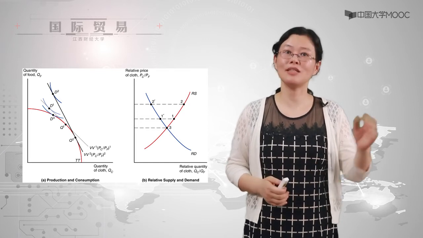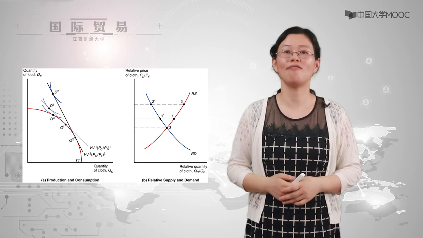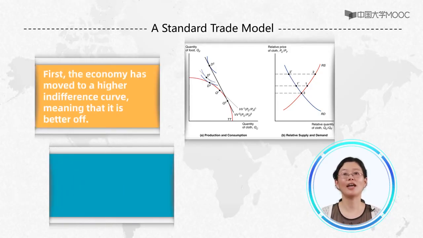The move from D1 to D2 reflects two effects of the rise of the relative price of crops. First, the economy has moved to a higher indifference curve, meaning that it is better off.